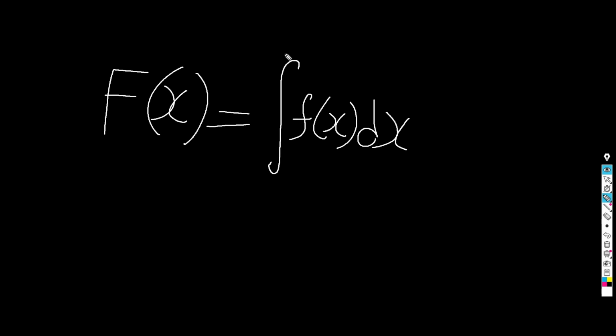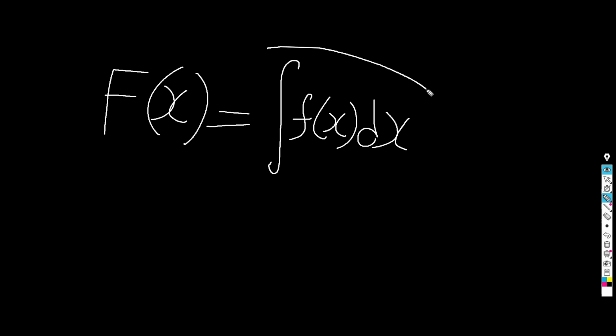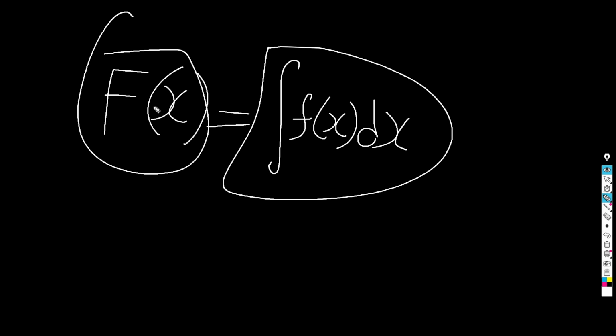Another notation we use for the antiderivative is this, which is the most common notation. In fact, you'll actually never see this notation with the capital F. It's only used in this proof mainly, but there's also negative areas and stuff like that, but we don't need to delve into that for this video.